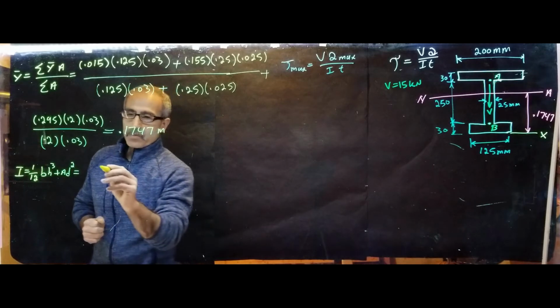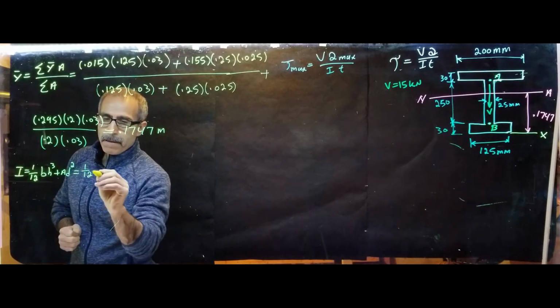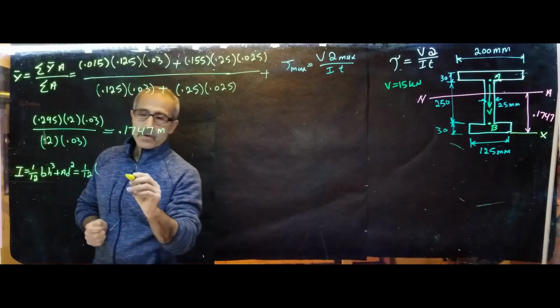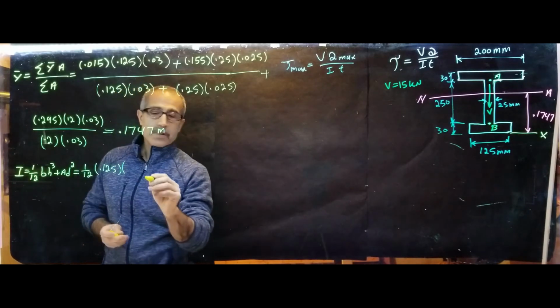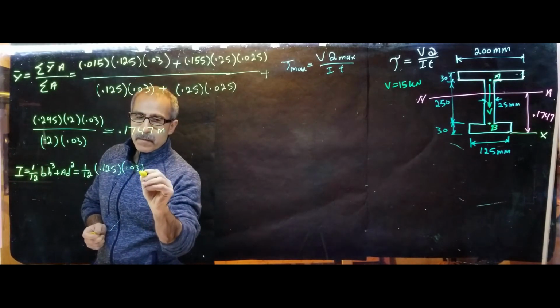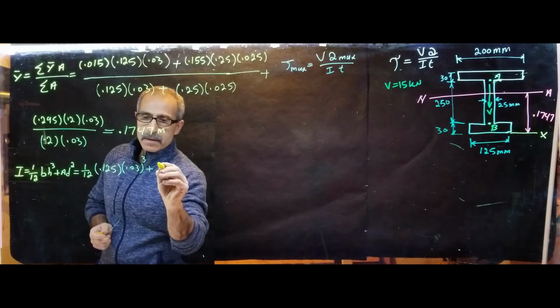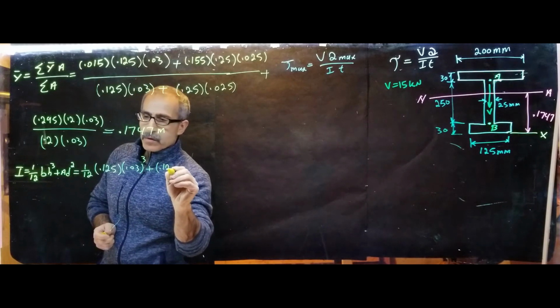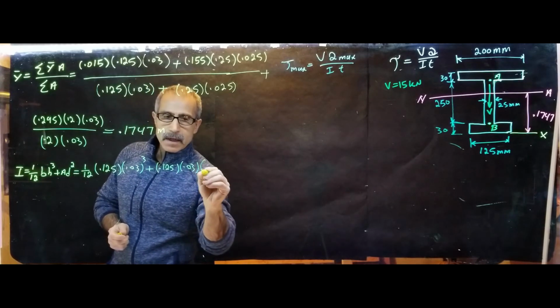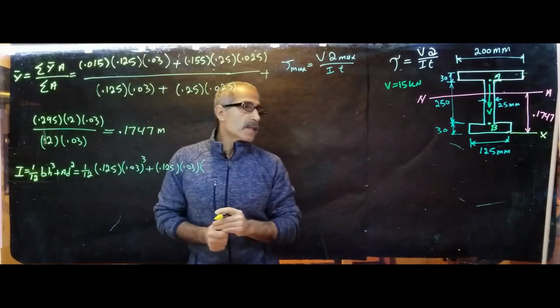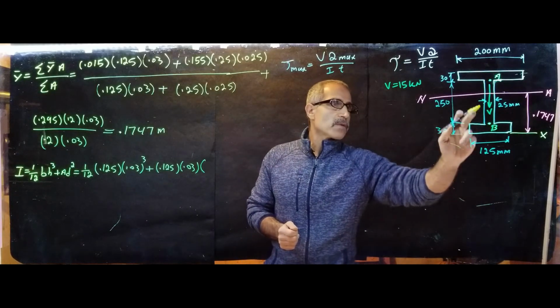First shape is 1/12. My b is 0.125, my h is 30, so 0.03, and that's cubed, plus area, 0.125 times 0.03. Now d. d is the difference from the center here to the center there.